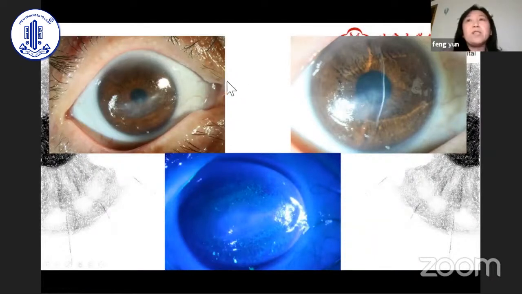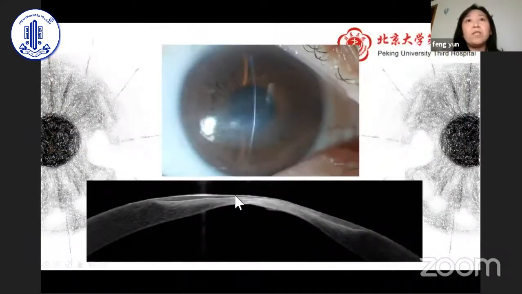After 10 days the systemic condition became stable, and we saw the perforation had been sealed. I think it's because we gave medications with systemic control, and it healed, but we can still see a little pigmentation. On the OCT, we can see a little stromal regeneration over 10 days after the systemic treatment.